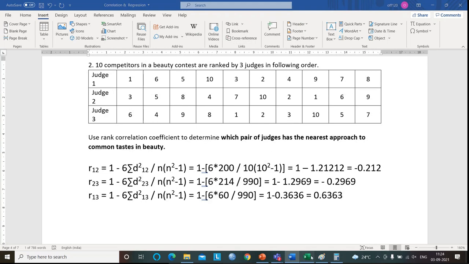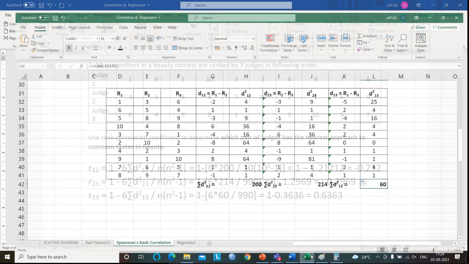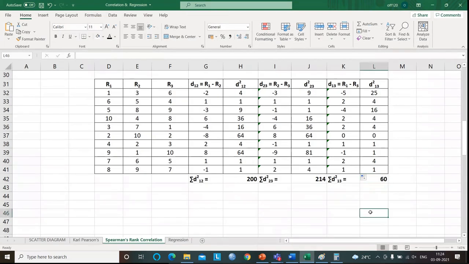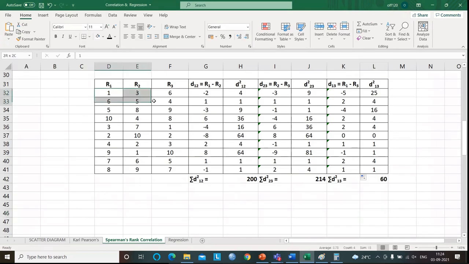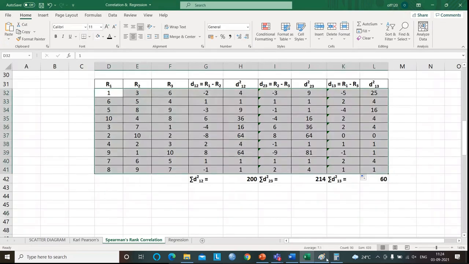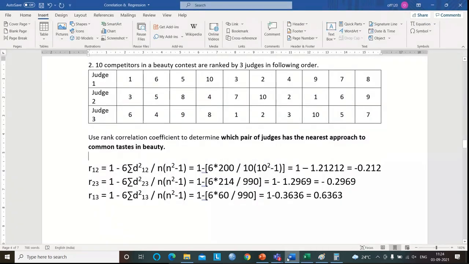Hope you understood. In the examination, what do you need to do? For our calculation purpose, I have used Excel, but you have to draw this table. Once the question is given, you have to draw this complete table and find all these values. Once you find these values, you have to write these formulas.